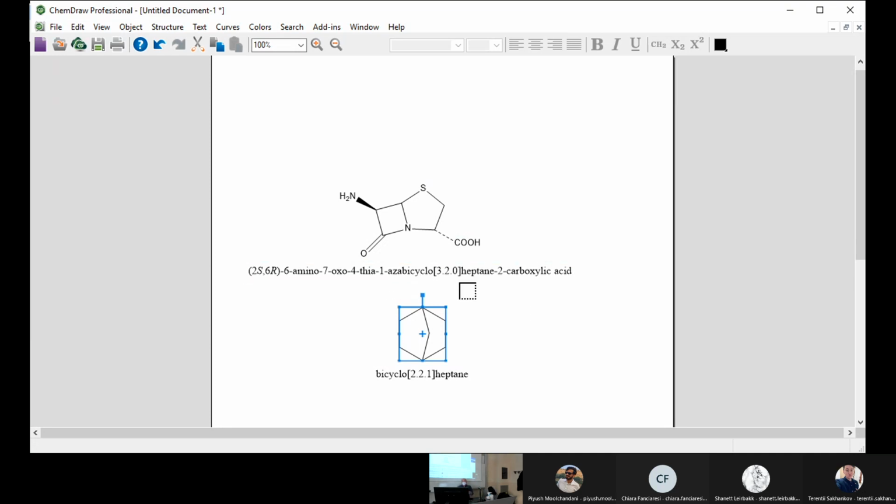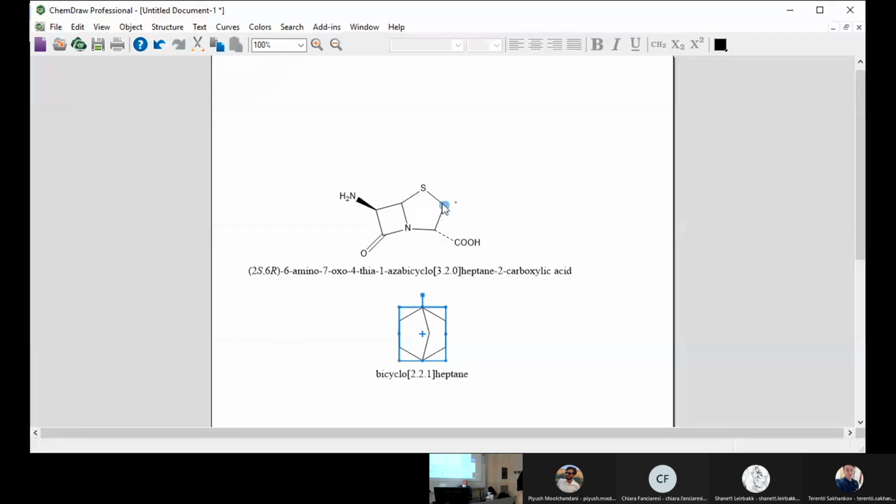Which are the differences between these 2 bicyclo systems? These 2 atoms are the bridgehead. These 2 atoms are common to the 2 rings. You see the nitrogen and the carbon in this position. In this case, these 2 carbon atoms are common.